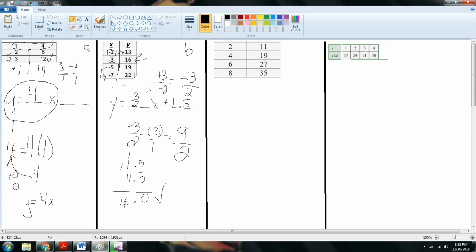When I plug negative 3 into the correct equation, I should get 16 out. So this equation, a little bit complex, but not in concept, is y equals negative 3 halves x plus 11.5. I could have also used 23 halves if I wanted to for my y-intercept value.